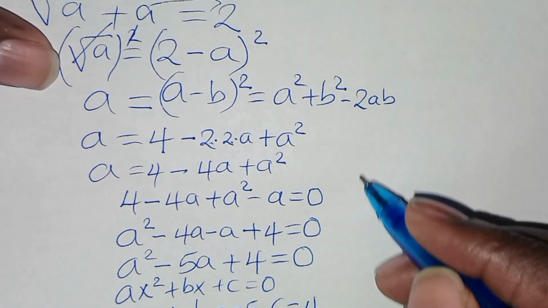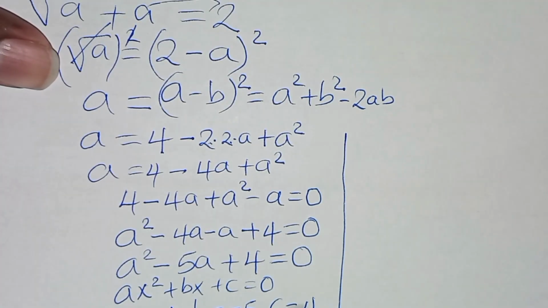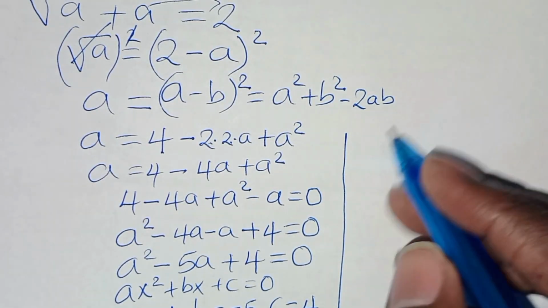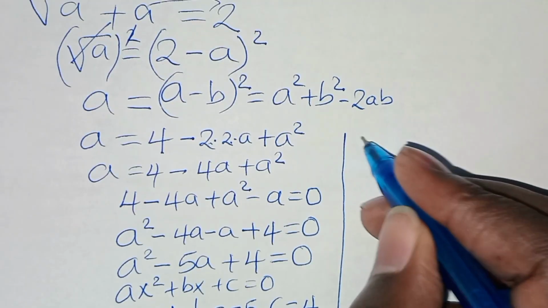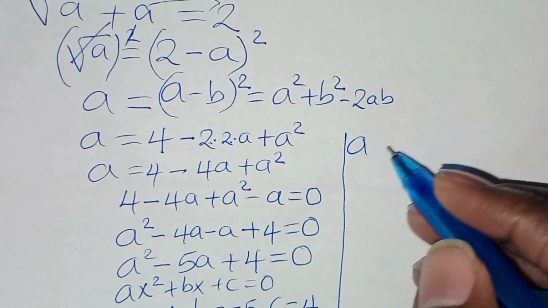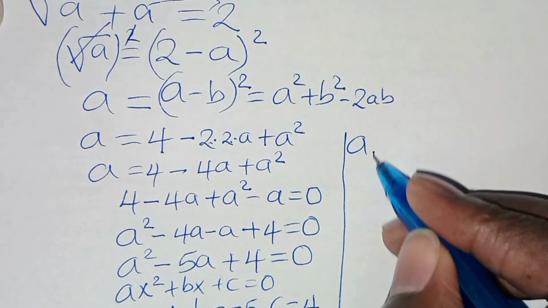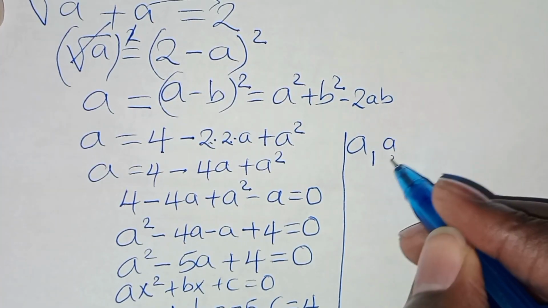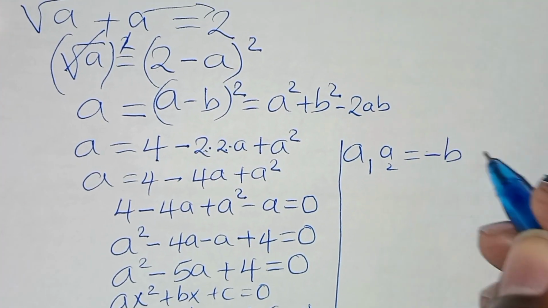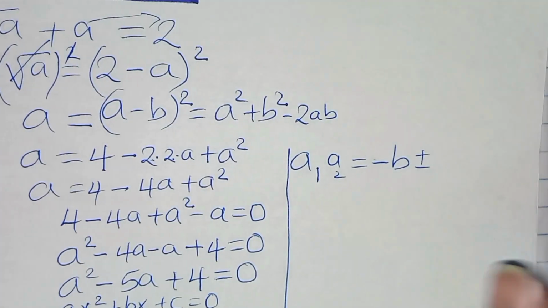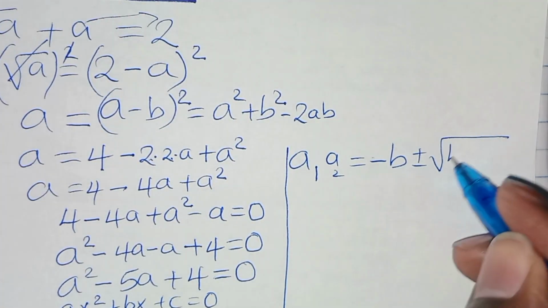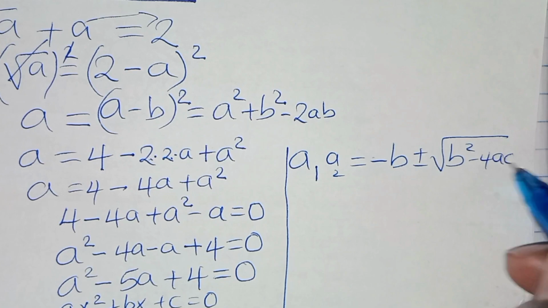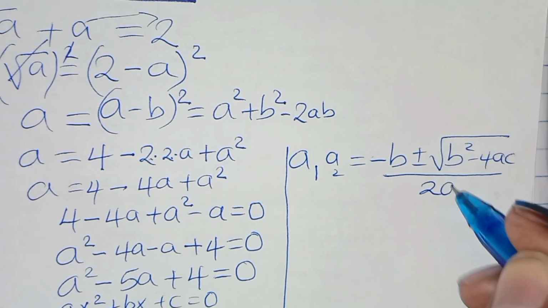Now the next step, let's solve this by applying the quadratic formula. We have a1, a2 is equal to negative b plus or minus the square root of b squared minus 4ac, divided by 2a.